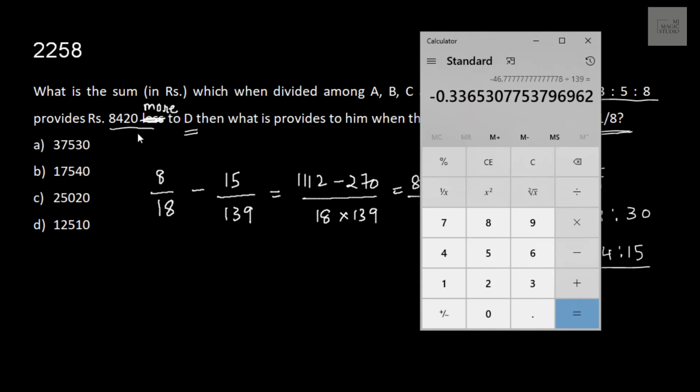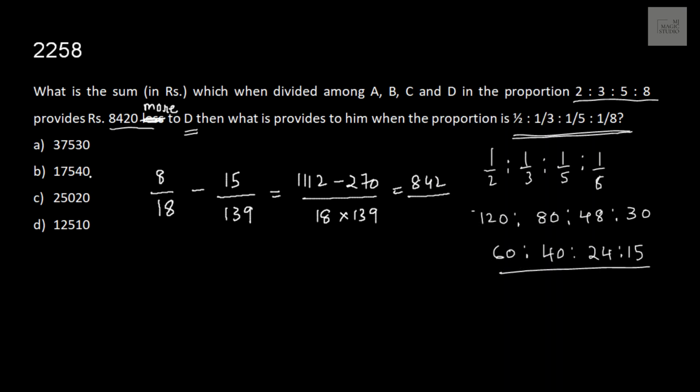Isn't it? Then how much is 100? If we take 8420 divided by 33.65, we'll get 25022, and yes, that is there. 25020 is the answer.